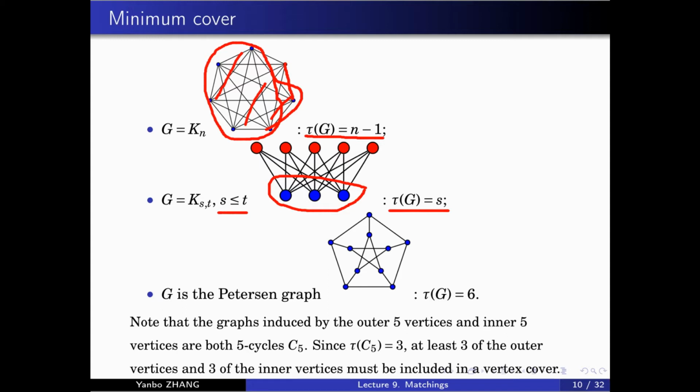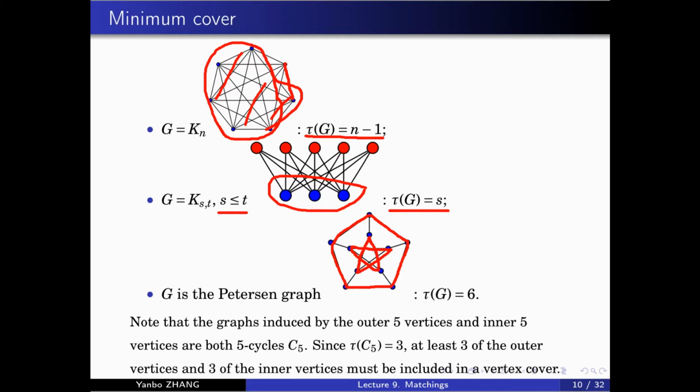When G is a Petersen graph, the situation is a bit difficult. Actually, we can find 2 5-cycles in the Petersen graph: one inner C5 and one outer C5. The edges in the outer C5 are not incident to the vertices in the inner C5.